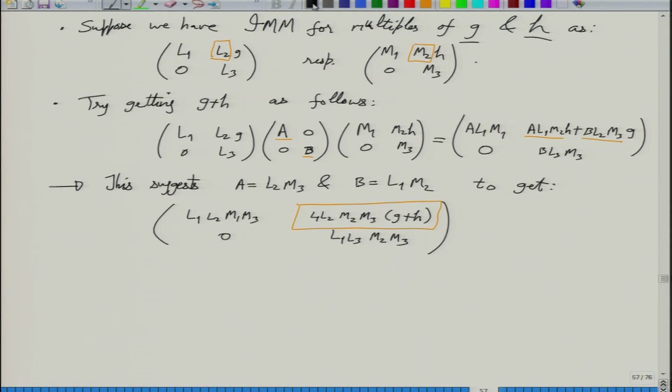So that essentially finishes the proof. You just have to calculate the blow-ups, that the blow-ups are under control. That will happen by divide and conquer. So now at this point you should observe that to compute g plus h, adding two things will be kind of doubling the size, because you are multiplying so many things, L1, L2, M2, M3.